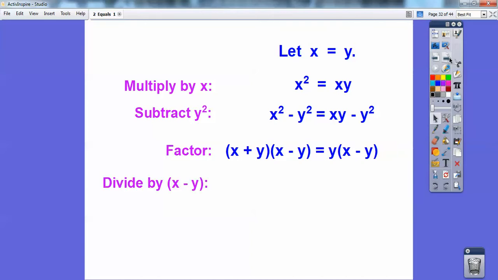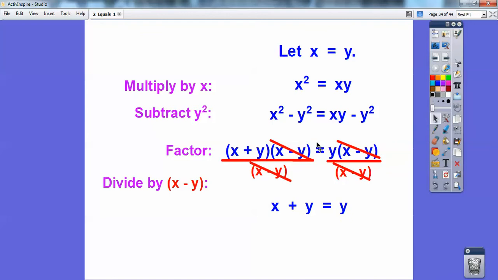Alright, now I'm going to divide both sides by x minus y. When I divide both sides by x minus y, notice x minus y over x minus y, those cancel over here. Over here, x minus y over x minus y, those cancel also. So what I'm left with is this x plus y right here equals this y right here.